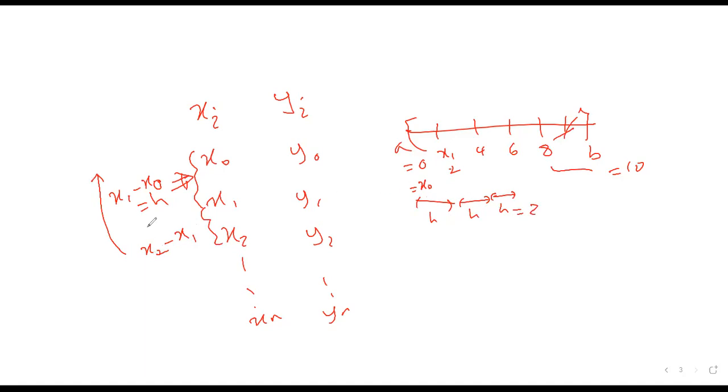We call this a common difference, which means the differences are equal, so they have common differences between the x values. So what do you think x2 is according to x0? x0 plus what?